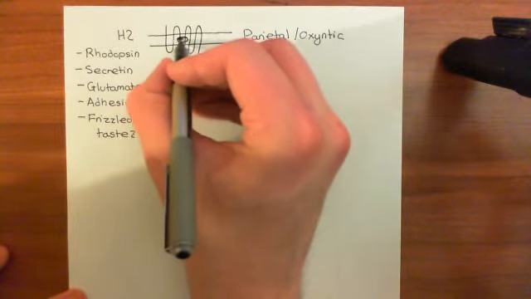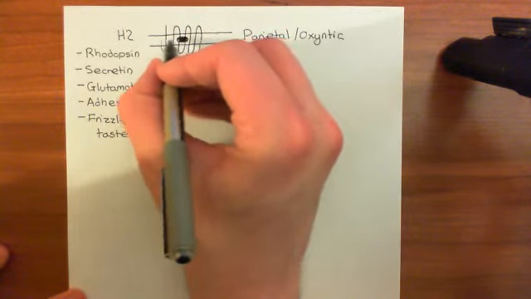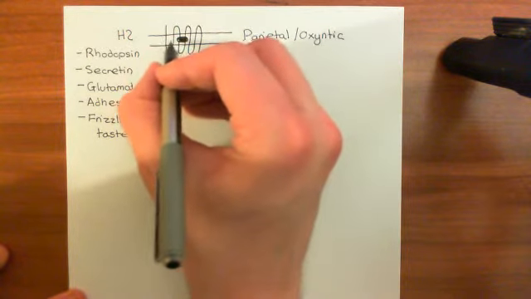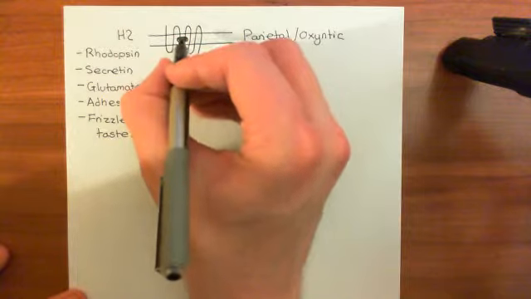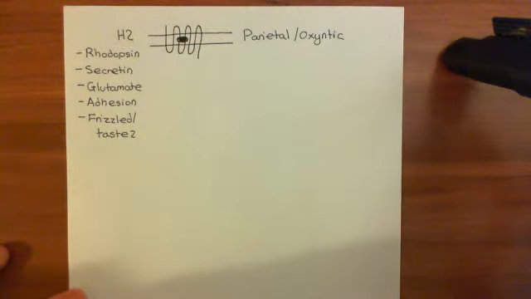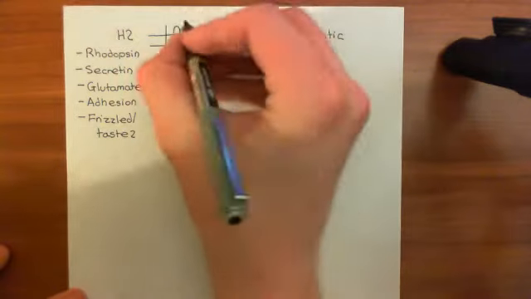So histamine will bind to residues within the transmembrane domains, these membrane-spanning alpha helices. That's the case for all rhodopsin family G protein coupled receptors: their ligands bind by interacting with residues in the membrane-spanning alpha helices.